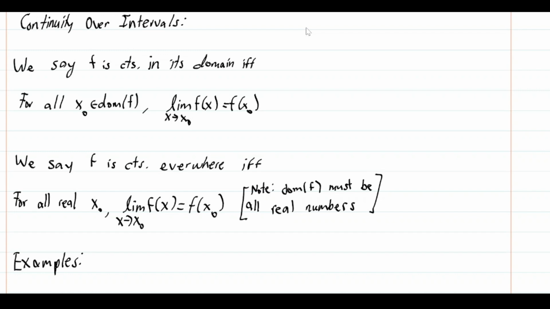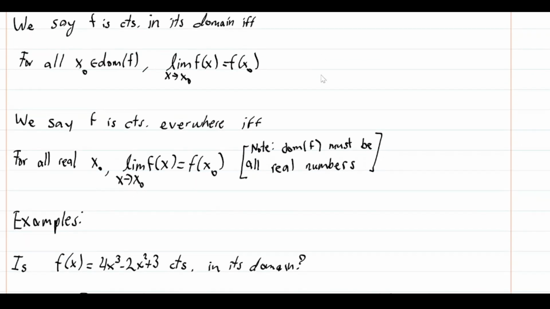So we say f is continuous in its domain if and only if for all x naught in the domain, it's continuous at x naught. But we say it's continuous everywhere, universally, over all the real numbers, if for all real x naught, you choose any x naught, it's continuous at x naught.